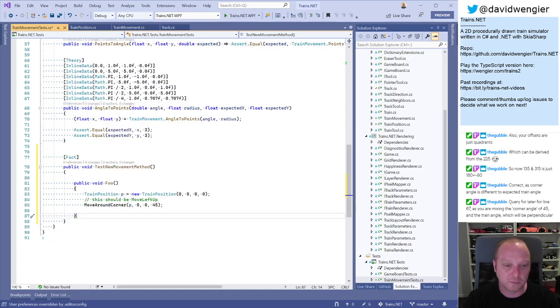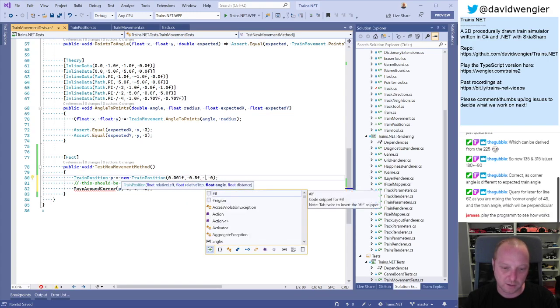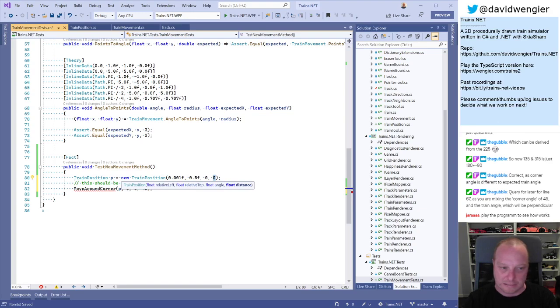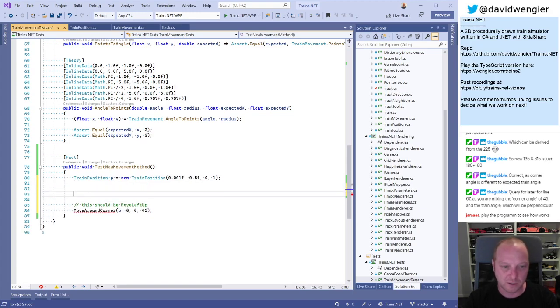So let's just make a train, and we're going to put it at left 0.01, top 0.5, angle 0, and distance, I don't know, let's put in 1. And then what I'm going to do is train movement dot move left up.